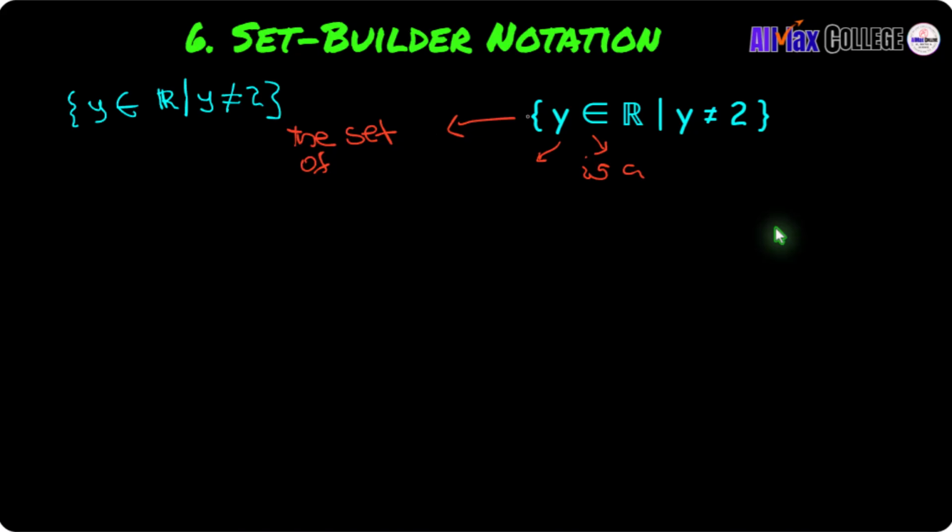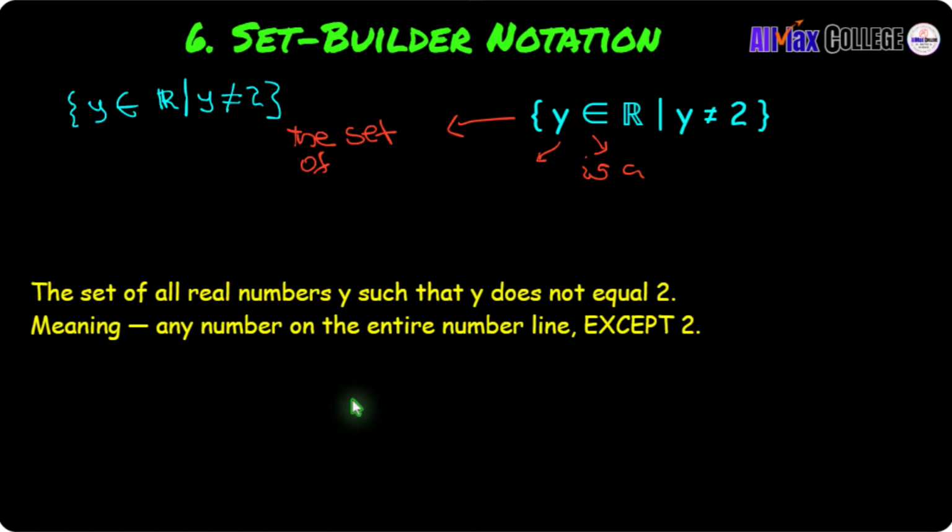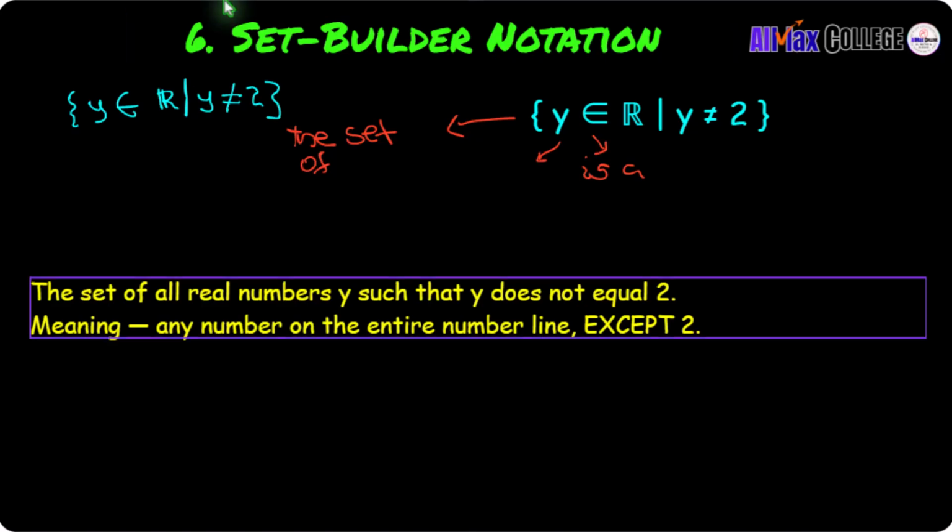The set of y, where y is a real number such that y does not equal 2. The set of all real numbers y such that y does not equal 2.